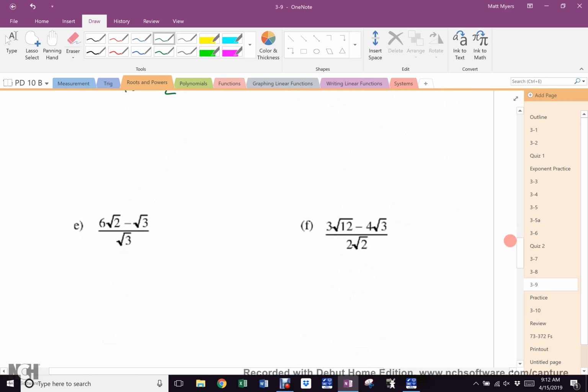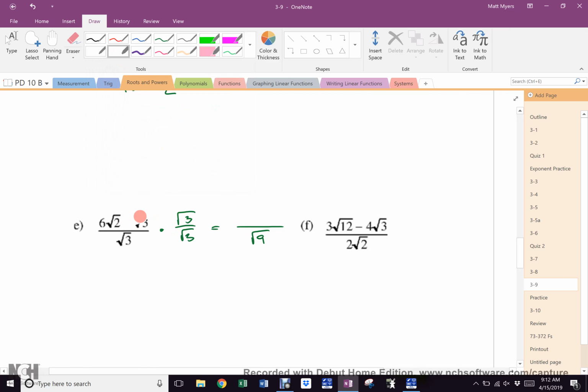What's weird in E? There's 2 in the numerator, 1 in the denominator. What of those 3 bother us? Just the denominator. So what would I multiply by? Root 3 over root 3, which will give us over root 9, right? What is the root of 9? 3, so we're cool. Now what do I have to do up here?